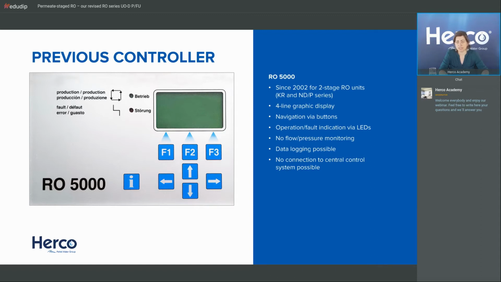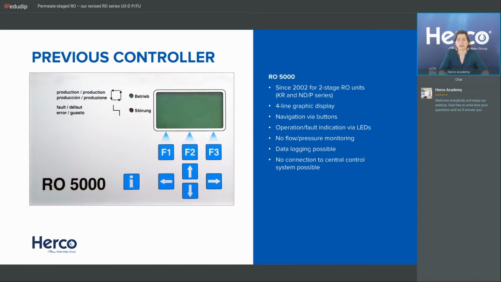We have changed the NDP series, that is now called P series, to RO Digital, because they're usually smaller units. So it doesn't make sense to go for a PLC controller for a relatively small and, let's say in comparison to KR, not so expensive unit. It would be too large a part of the total cost. But for the customized units, remember, it makes a lot of sense to go for PLC because you have more flexibility.